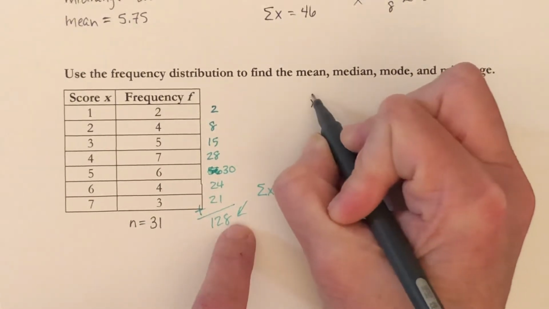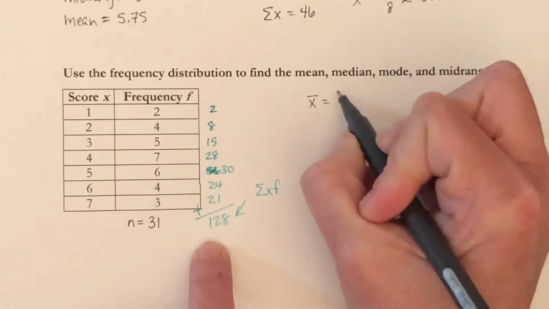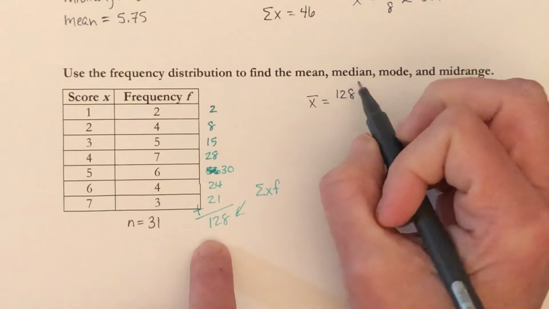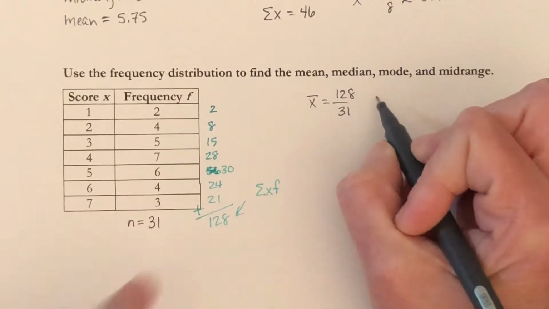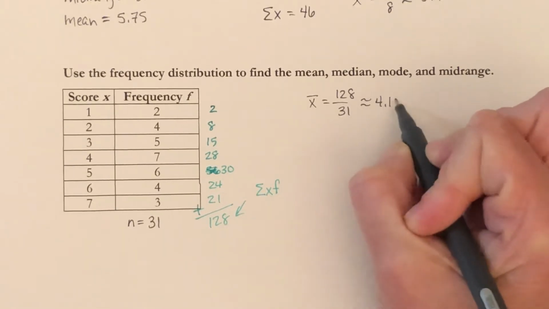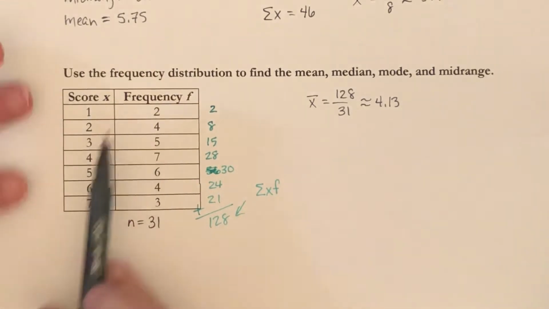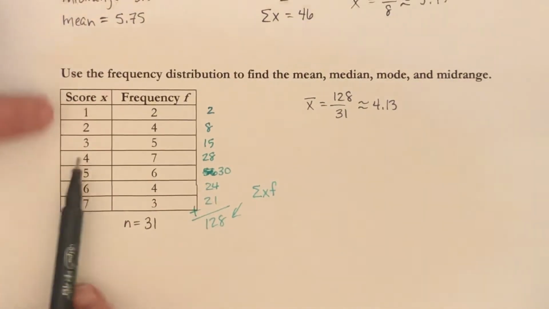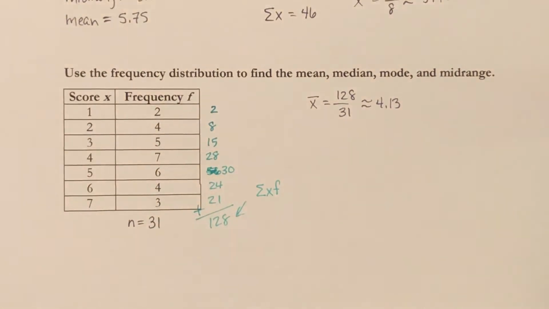The mean is this value, 128, divided by the number of items, which is 31. And this mean is approximately 4.13. If you just glance at this, you can see 4 is exactly in the middle and had the most, so it makes good intuitive sense that it should be the mean of the entire set.